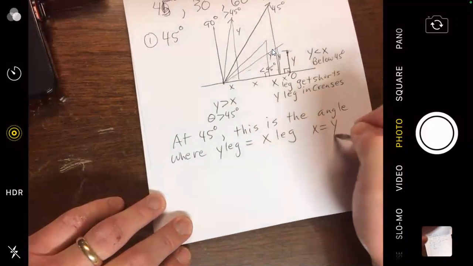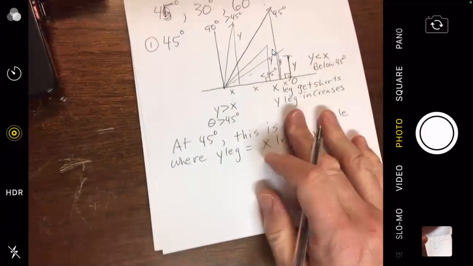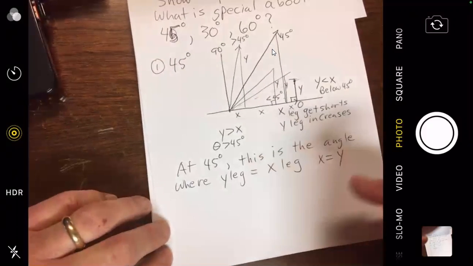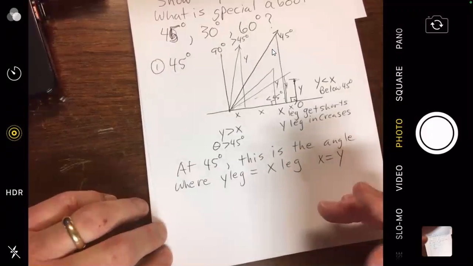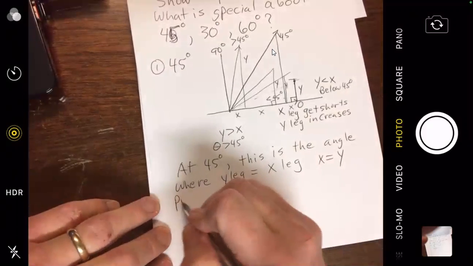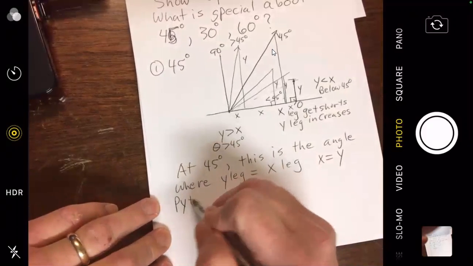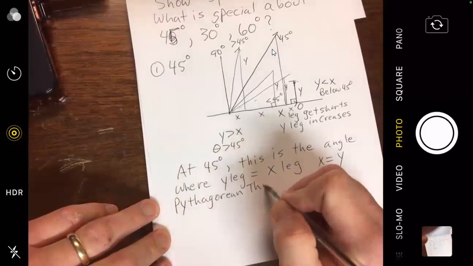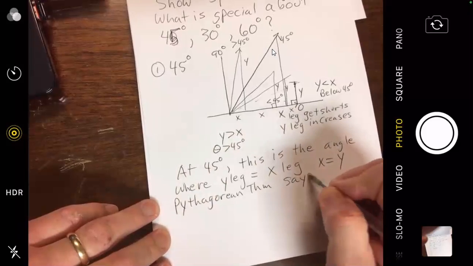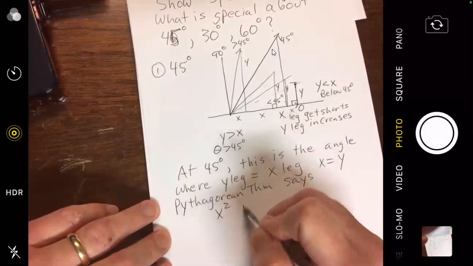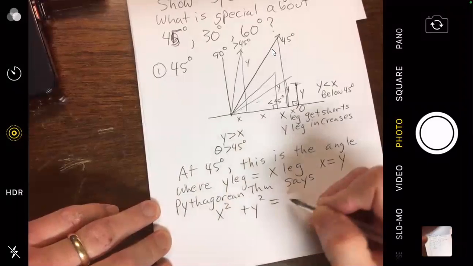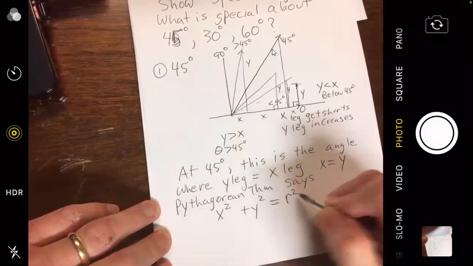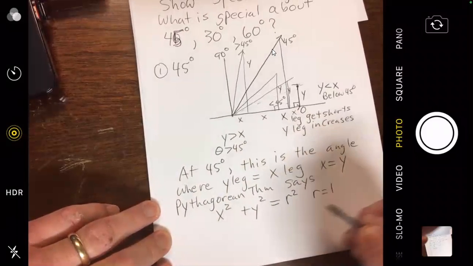X equals Y. The Pythagorean theorem says that your X leg squared plus your Y leg squared has to equal R squared, and we're making R equal 1.